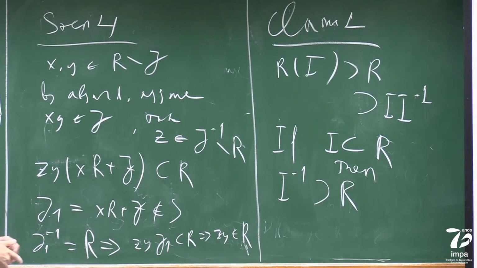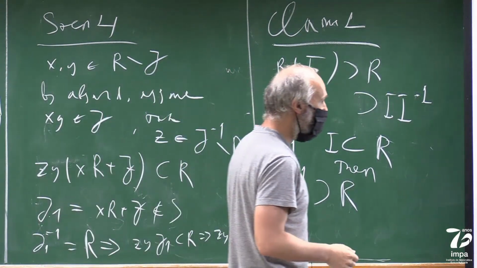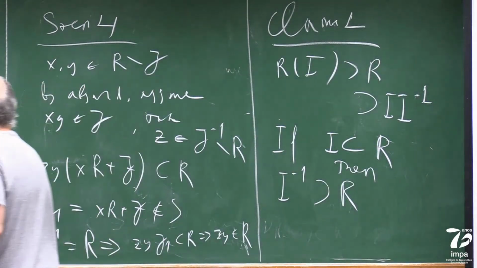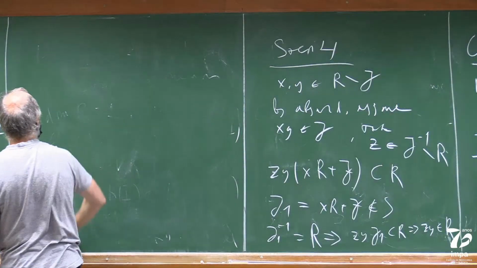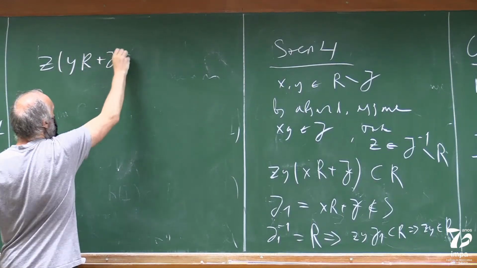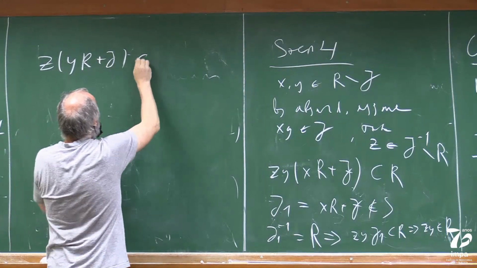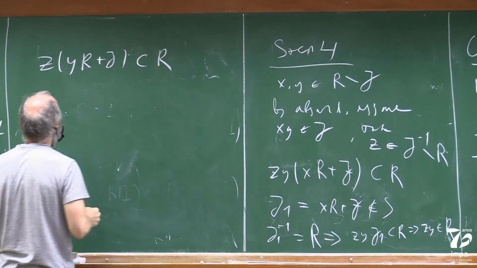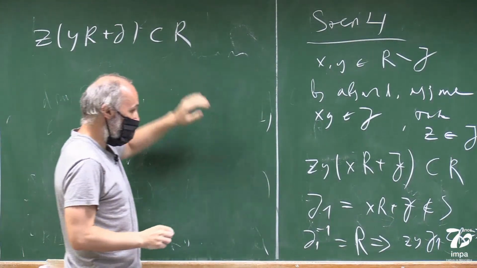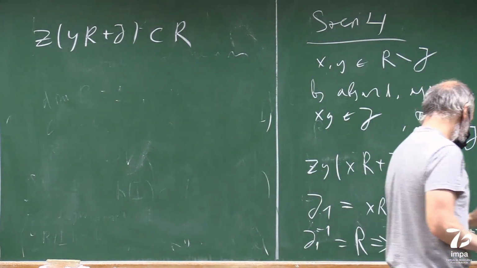Now we have another ideal, which is yR plus J. So z times (yR plus J) belongs to R again, because zJ belongs to R, and zyR also belongs to R, as we have seen here.